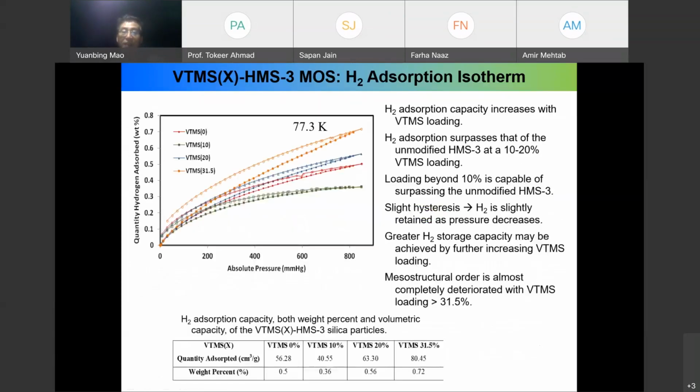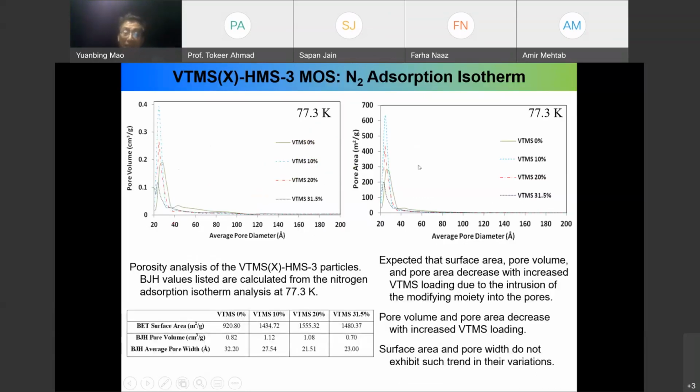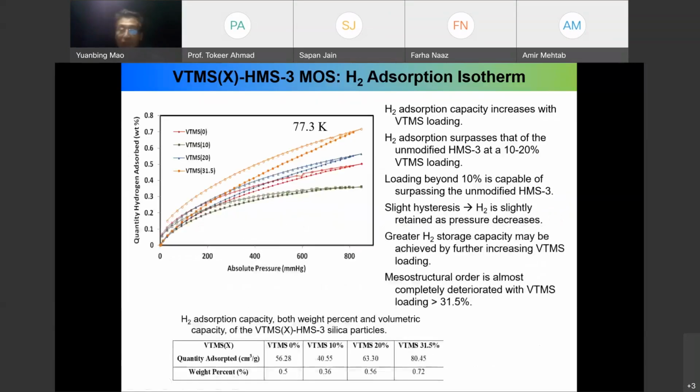And then of course, the nitrogen adsorption isotherm is basically to characterize this type of porous material, right? But the goal here is we want to test the hydrogen adsorption isotherm, the capability, right? So this is what we did.